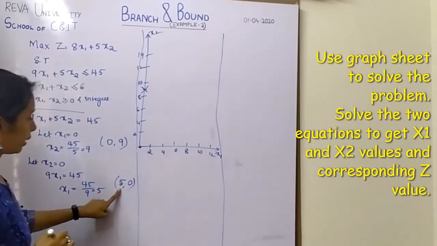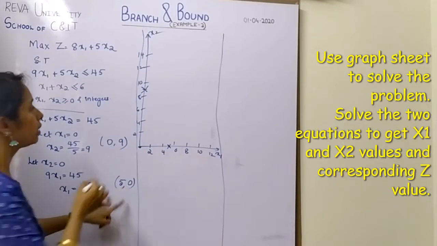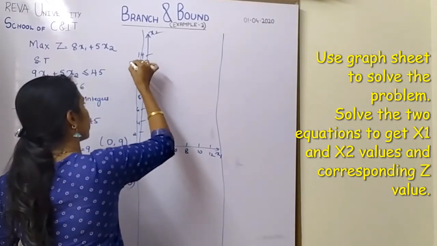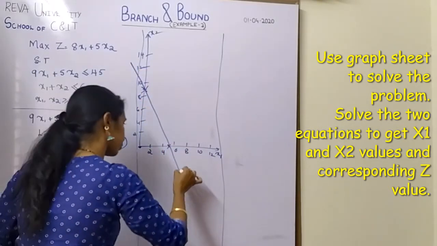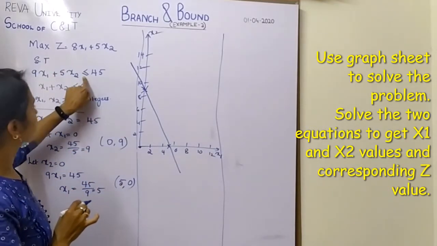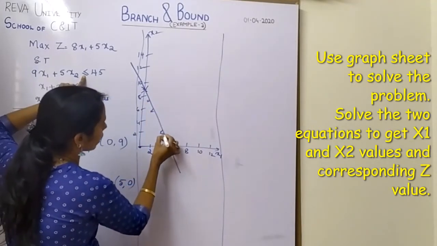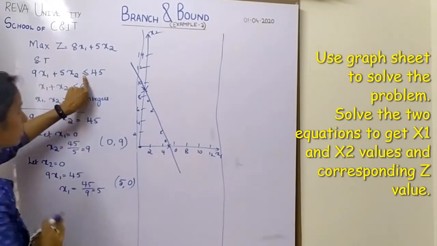Then the second point is (5, 0), around here. So join these points like this. And what is the constraint here? This should be less than. So what is the feasible region? It should be within this.